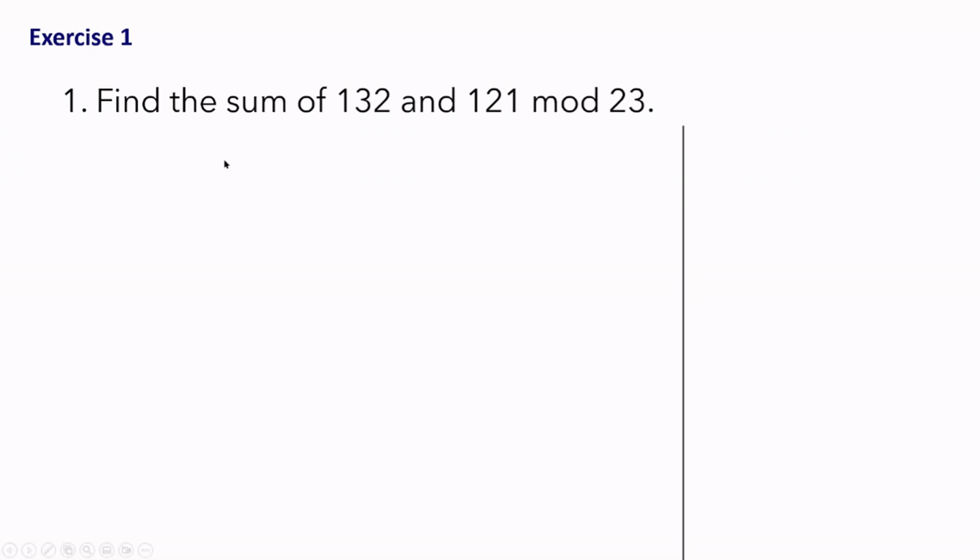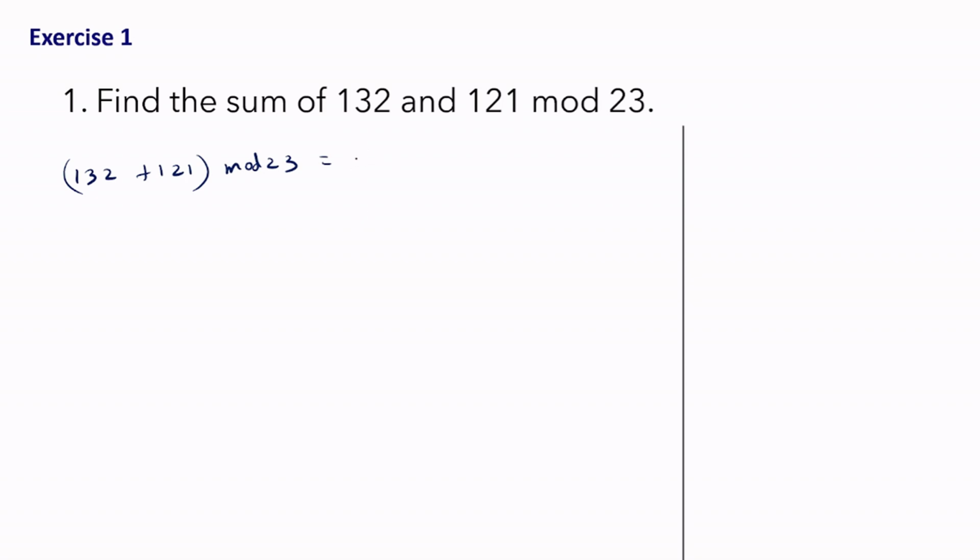The first question: find the sum of 132 and 121 mod 23. So here we have to find 132 plus 121 mod 23. Now we are aware of the addition property in modulo arithmetic.